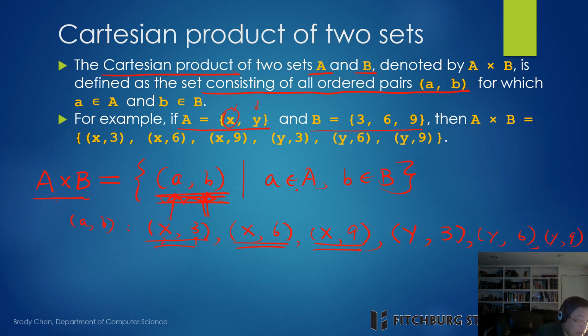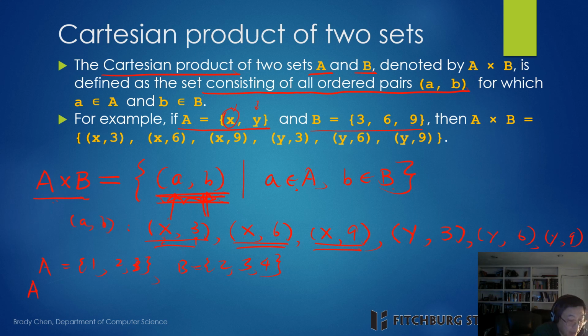So let's see, if A is 1, 2, 3, B is 2, 3, 4. Okay. Now, A is a set of 3 elements, 1, 2, 3.